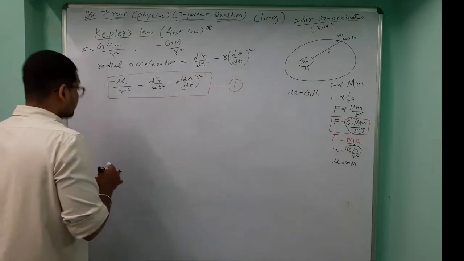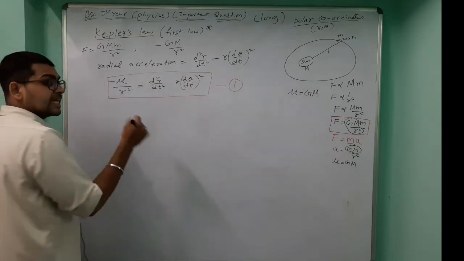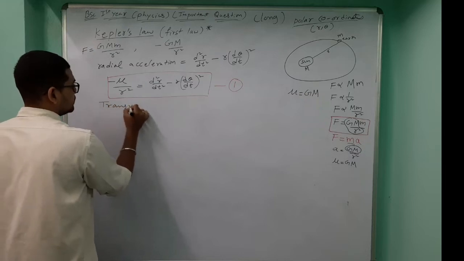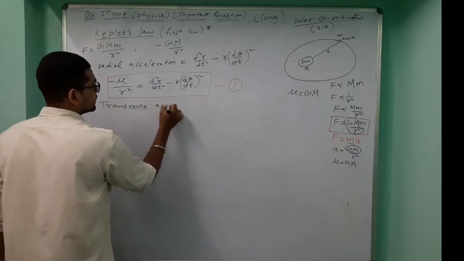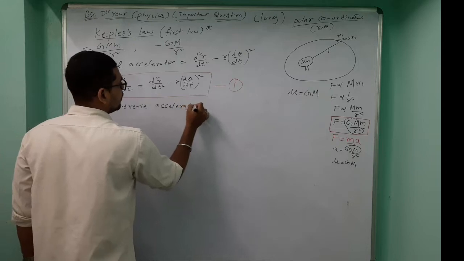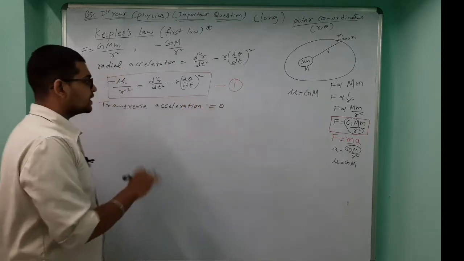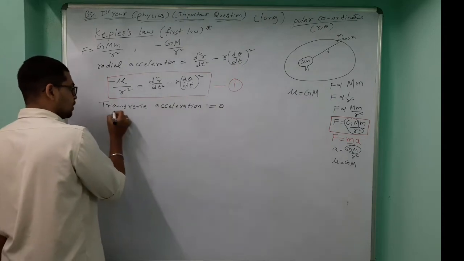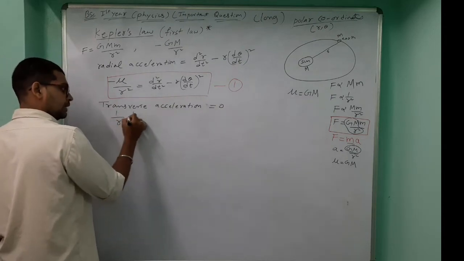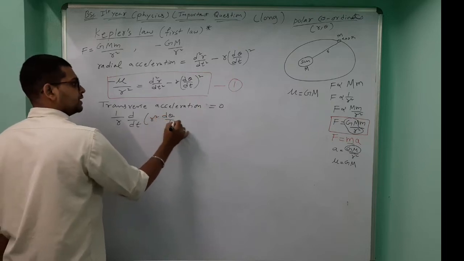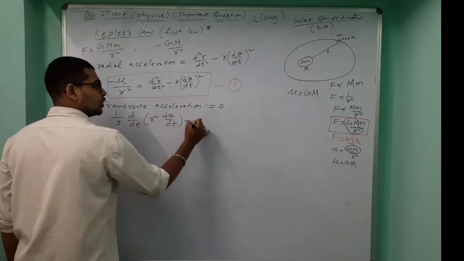Now we go for equation number 2. Transverse acceleration will be 0 here. Transverse acceleration is equal to 0. How do we write it? 1 by r d by dt of r square d theta by dt is equal to 0.